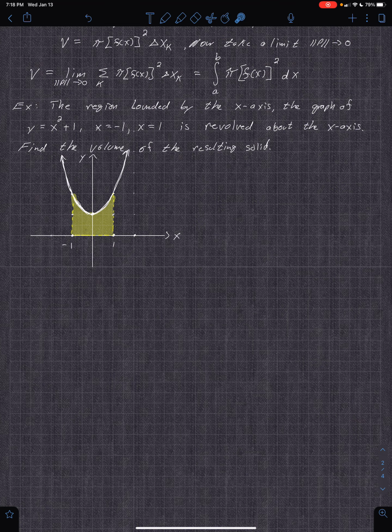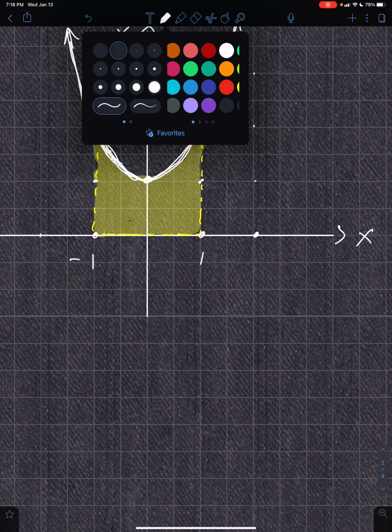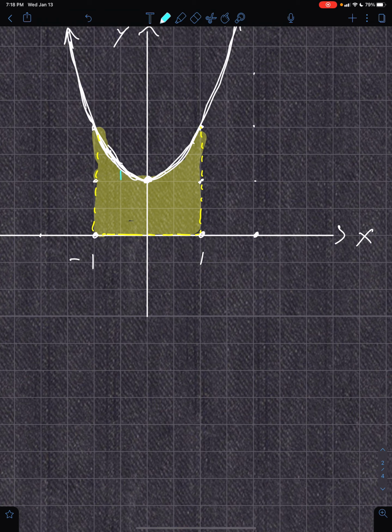Let me draw a different color here. You take this piece, your representative rectangle, and then we're going to revolve that around. And so this has thickness to it.